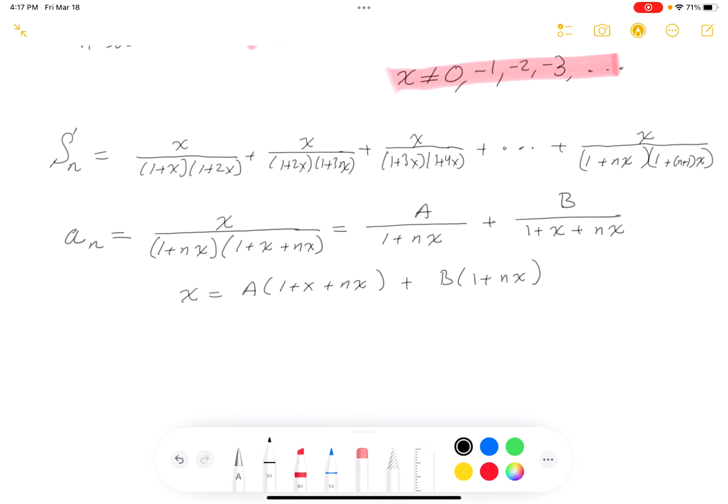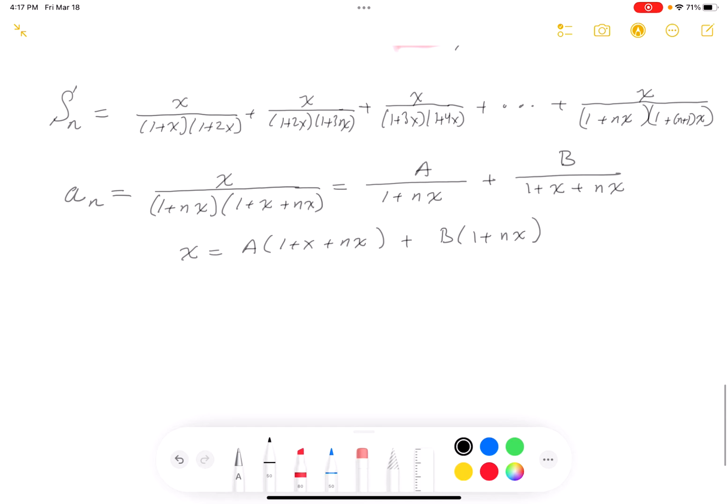And now I've got to pick easy values for n, right? Again, you may not enjoy doing this, but I'm going to pick n equals -1. And you might say, why are you doing that? I don't know. It just looks easy to pick. So you get x equals a.